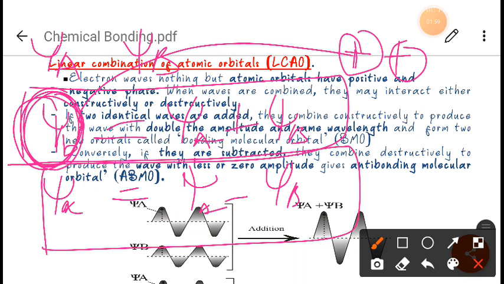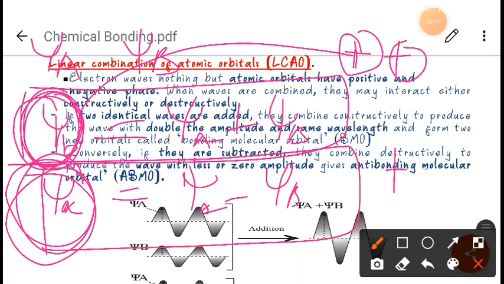The crest of one s orbital overlaps with the crest of the other orbital. The anti-bonding orbital is obtained when one is plus and the other is minus, meaning one is the crest and the other is the trough region of the atomic orbital overlapping.